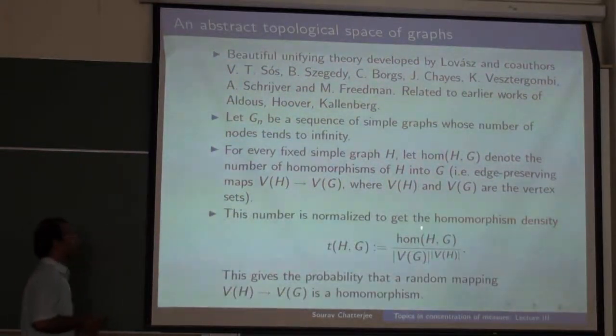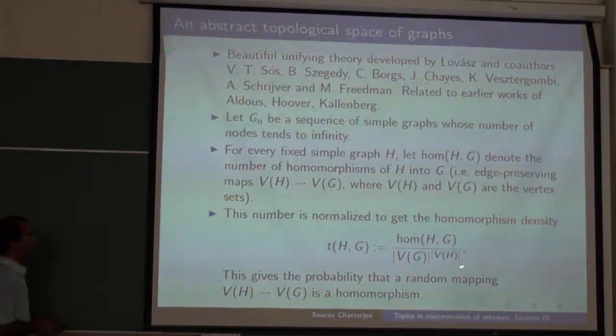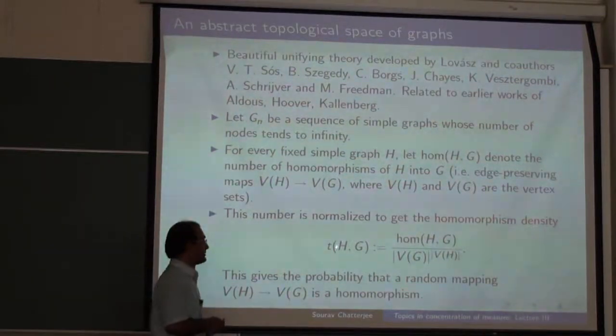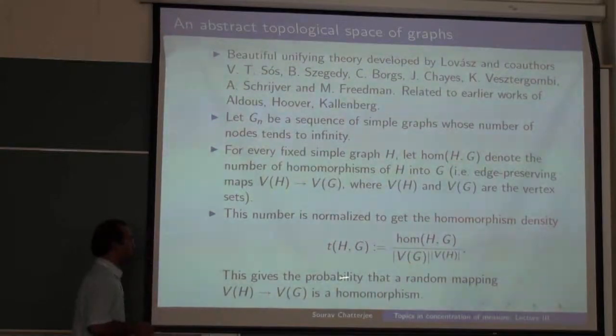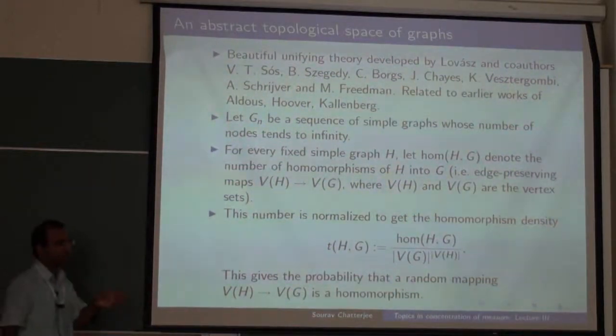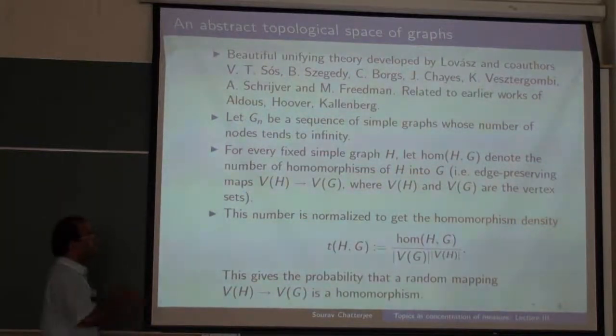Then you normalize it by the maximum possible value of this number to get a homomorphism density. So this is a number between 0 and 1. It can also be interpreted as the probability that a random mapping from H into G is a homomorphism. So think of H as a fixed small graph, a triangle or a square or a K4 or something like this, and G as a large graph.